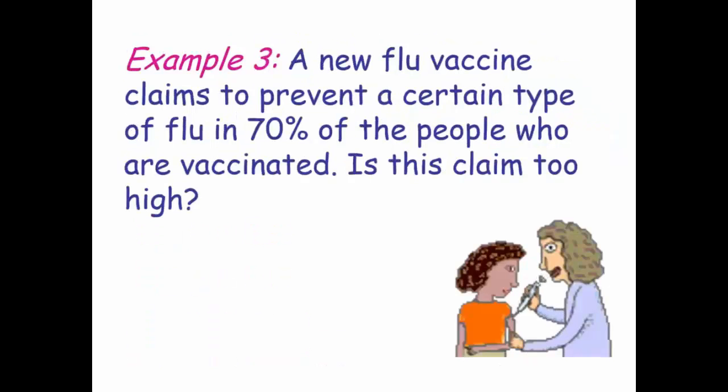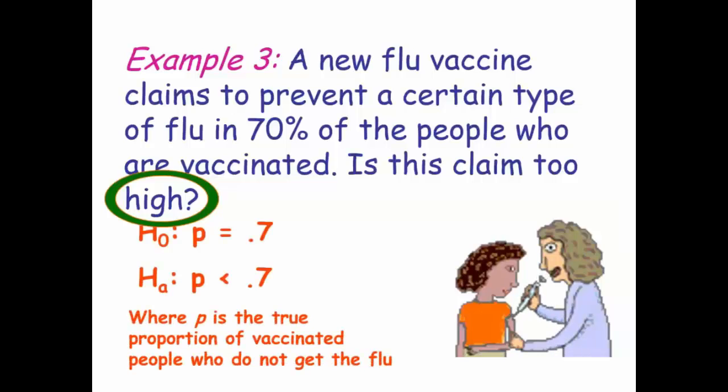Okay, a flu vaccine claims to prevent a certain type of flu in 70% of the people who are vaccinated. Is this claim too high? Okay, so let's start with what our null is. Our null would be, we expect it to be 0.7, and if I'm asking the question, is this claim too high, I am actually claiming that 70% or 0.7 is too big a number, which means I suspect it's actually smaller than that.